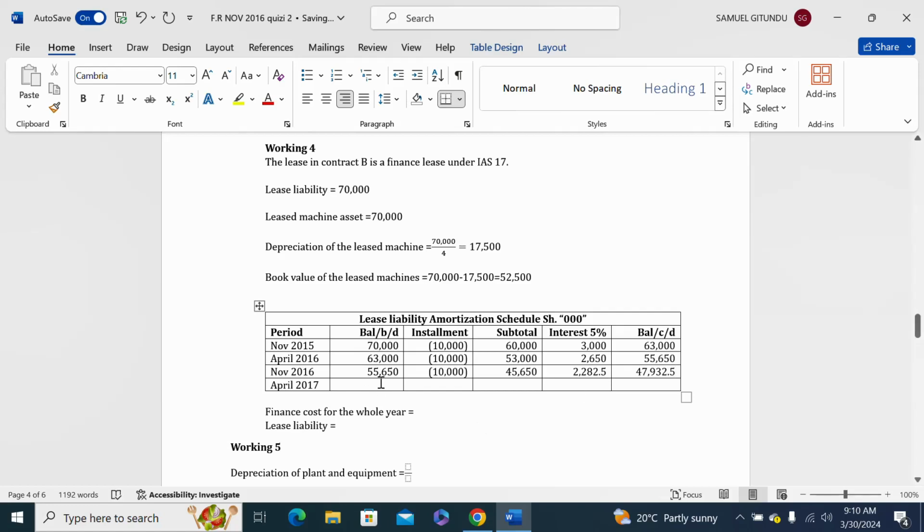The balance brought down is now 47,932,500. We deduct 10 million.